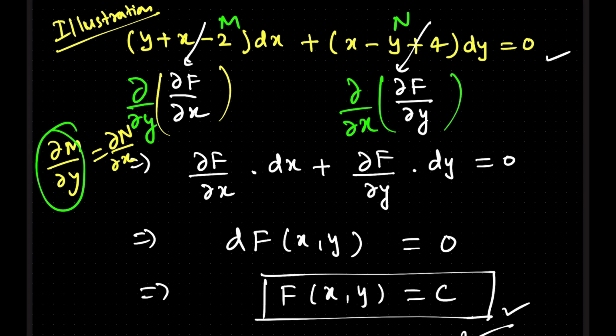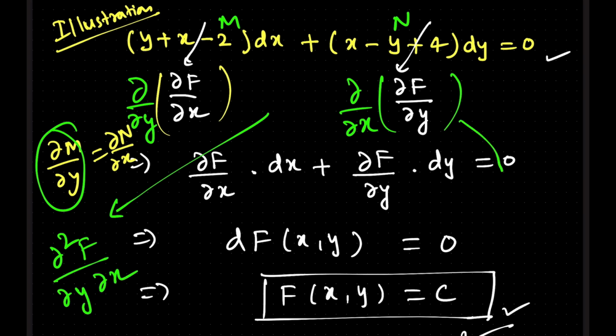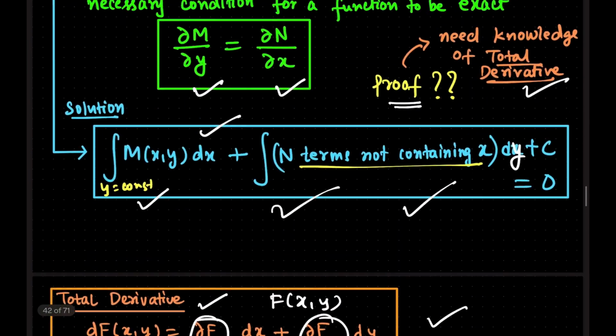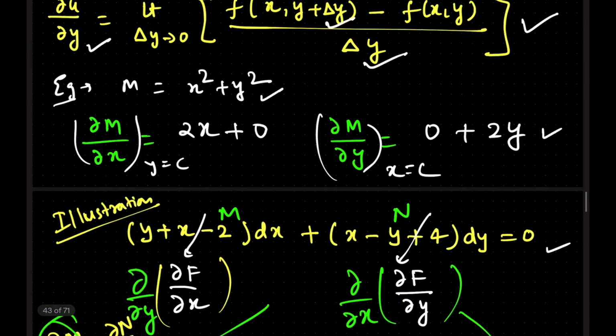They are equal, because on one side you will get dou square f by dou y dou x, and on the other side you will get dou square f by dou x dou y, and we know that these are equal. That's why we check this condition for an exact differential equation.